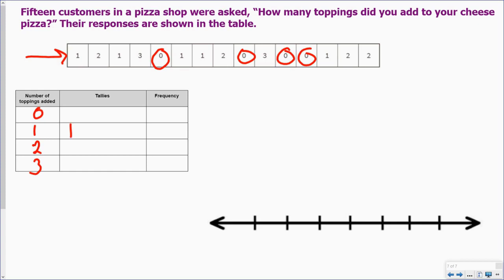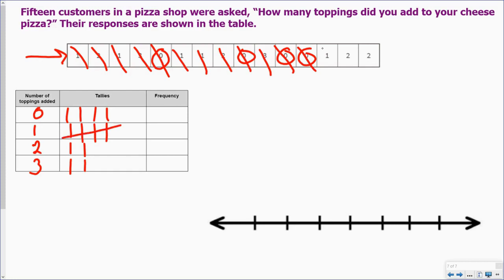So I've got a 1 here, a 2, another 1, a 3, a 0, another 1, another 1, a 2, a 0, a 3, and then a 0, and a 0, another 1, another 2, and another 2.